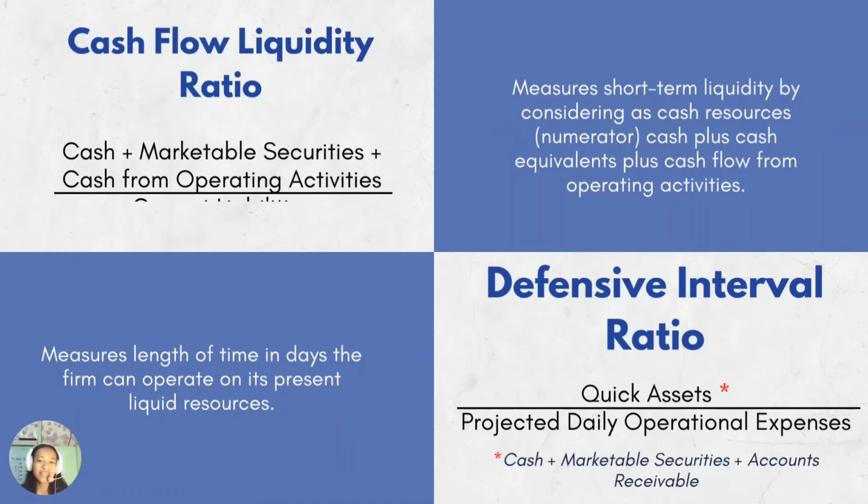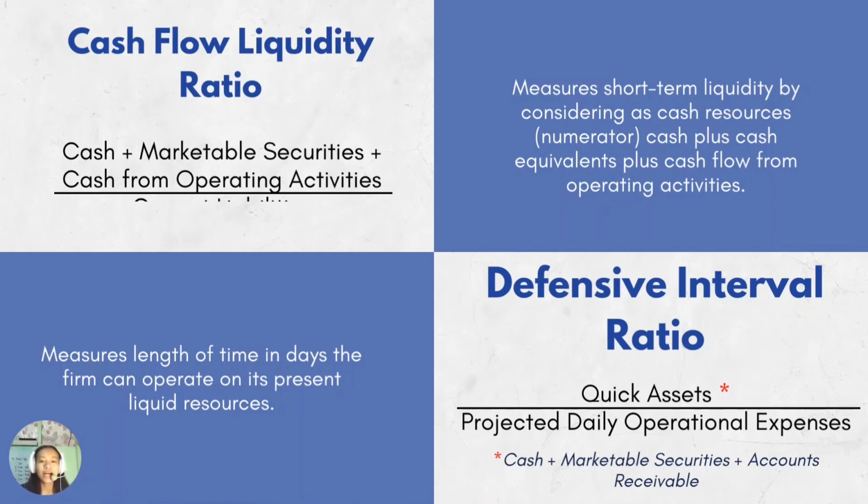Last but not the least, the last two of the liquidity ratios under liquidity ratio are the cash flow liquidity ratio and the defensive interval ratio. So, cash flow liquidity ratio is computed by getting the sum of the cash, marketable securities, and cash from operating activities and dividing the sum of that by the current liabilities.